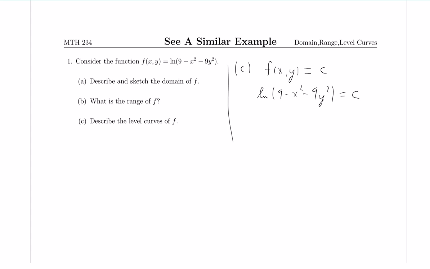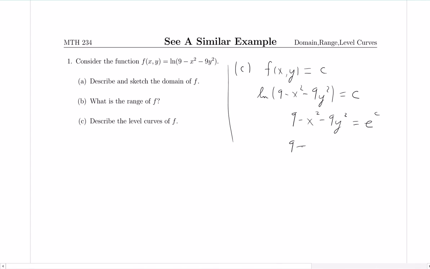So let's exponentiate both sides. The logarithm will go away on the left, and on the right we'll get e to the power c. Now, let's just swap things around. We'll move the x's and y's to one side of the equation, and move the constants to the other side.